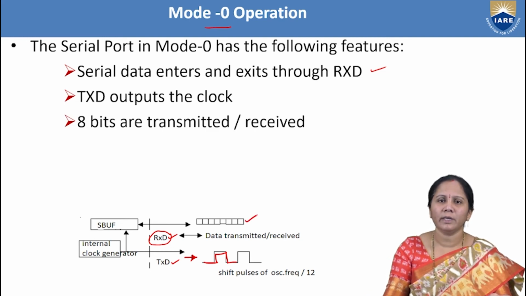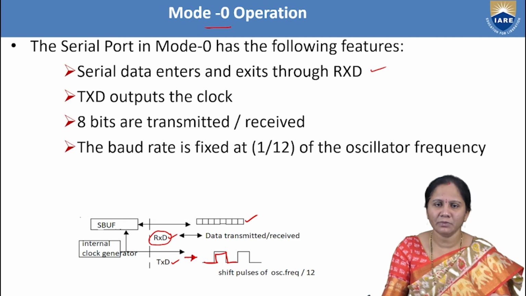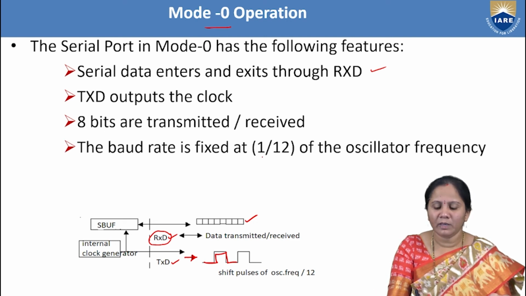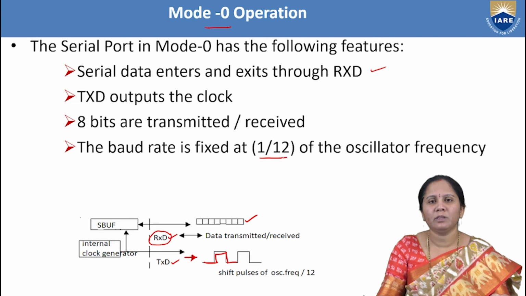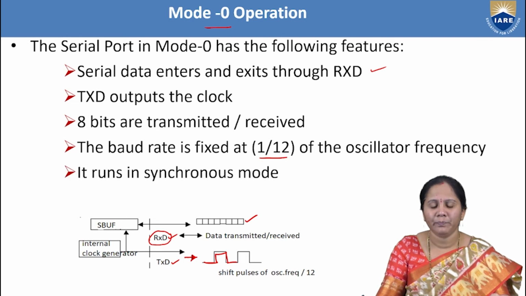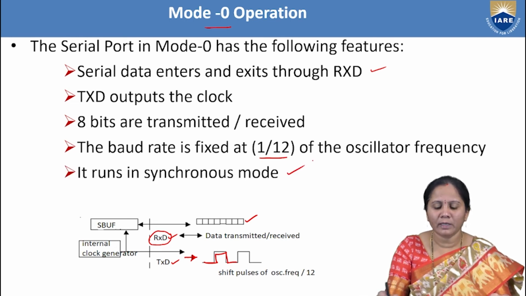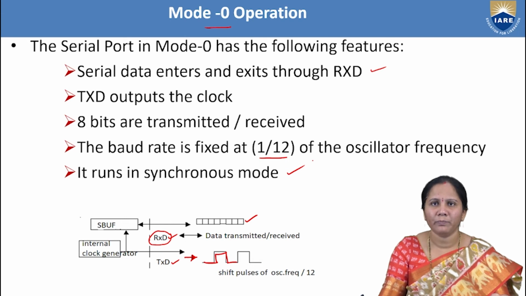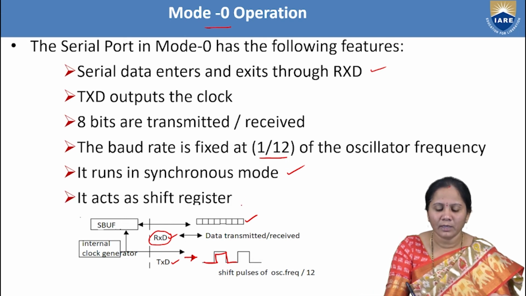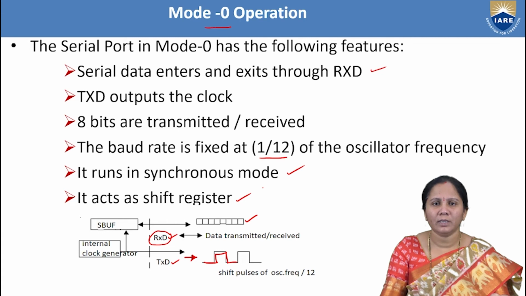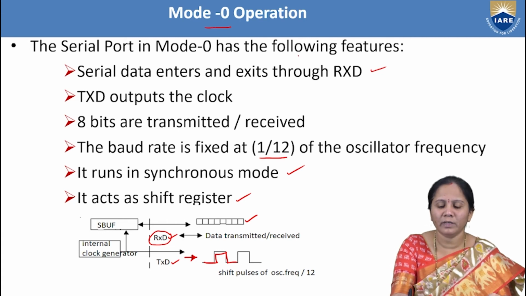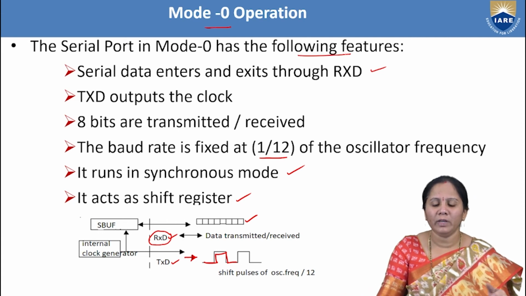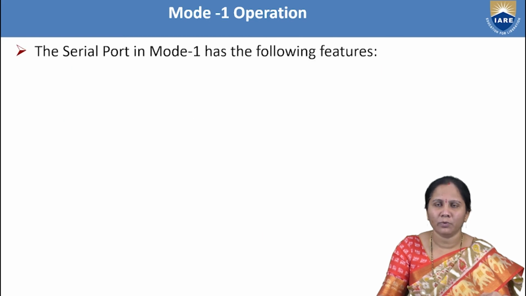The baud rate is fixed at 1 by 12th of the clock frequency, and it runs in the synchronous mode and acts as a shift register. So these are the different features when it is operating in mode 0.